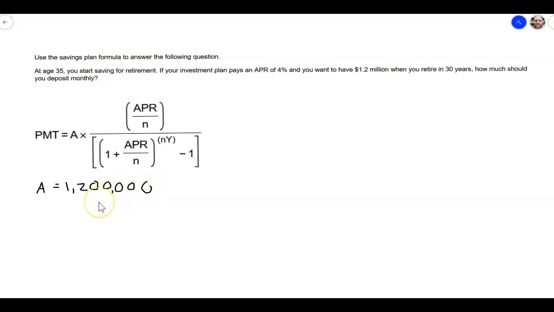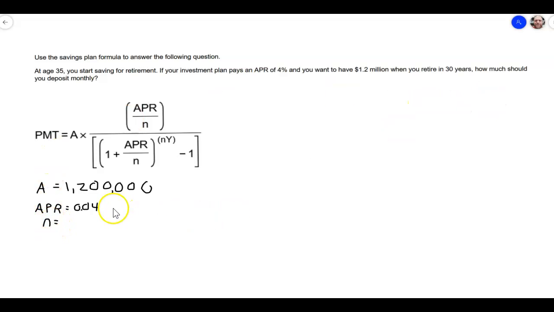All right, the next thing we want to do is the APR over the N. So let's do those first separately. APR is the annual percentage rate, and we want to put that in decimal form, so that's 0.04. N is the number of times per year.